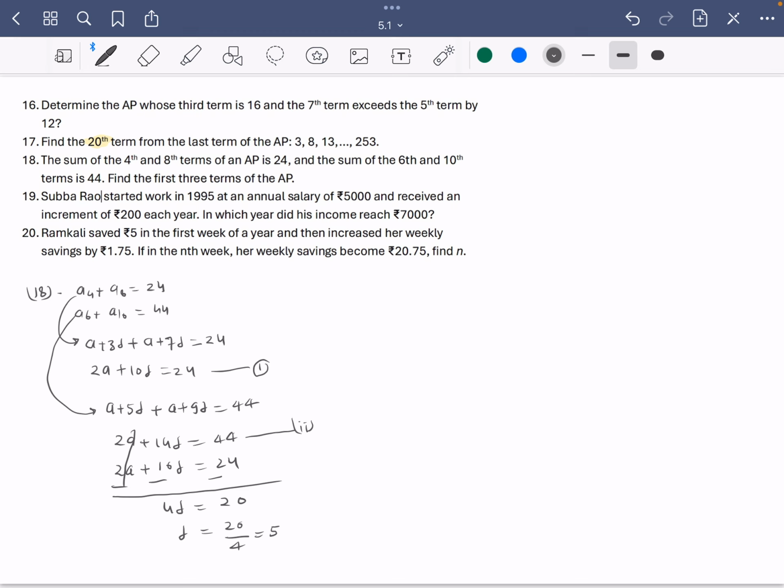I can plug in this value in any of the equations, first or second. Let's put it in first. It's 2A plus 10 times 5 is 24. 2A is 24 minus 50 is 26. A is 13.